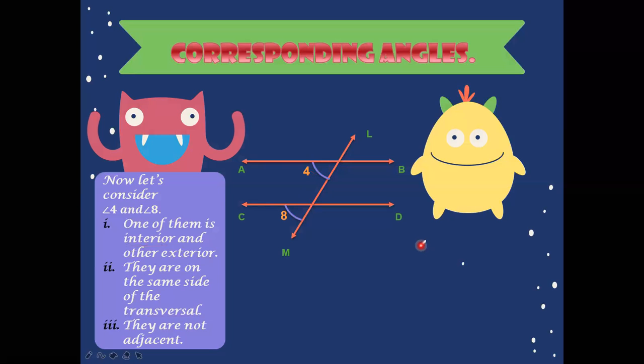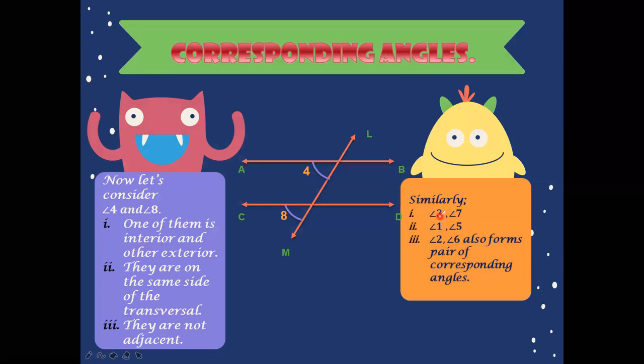As you can see, angles 3 and 7. This is your angle 3, that is interior, and this is your angle 7, that is exterior. One is interior, one is exterior, and they lie on the same side of the transversal. So these two angles are also corresponding.